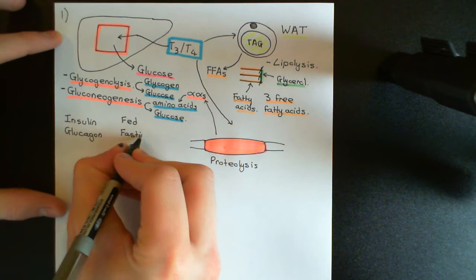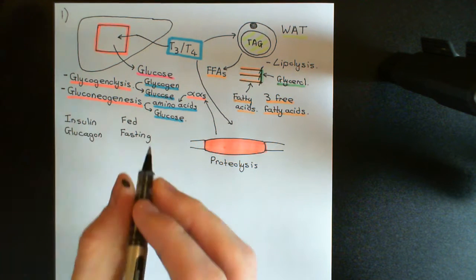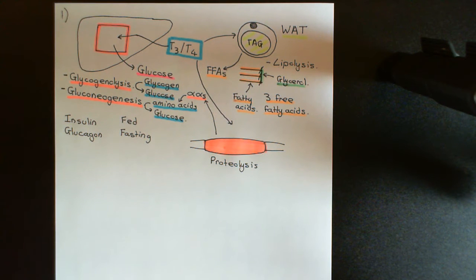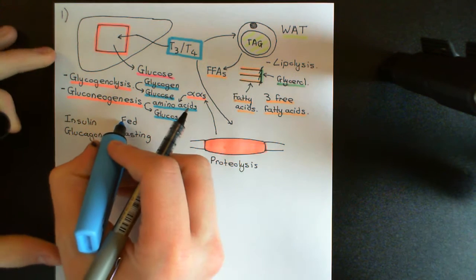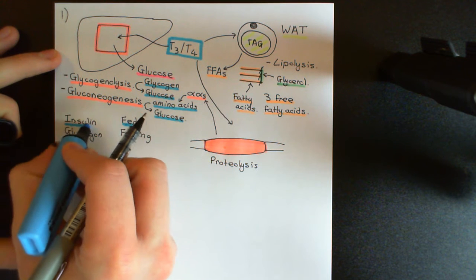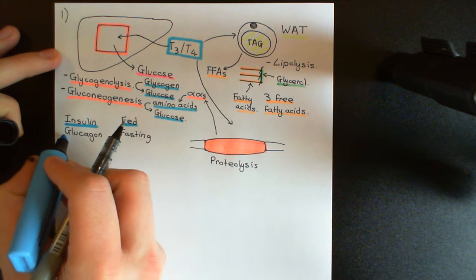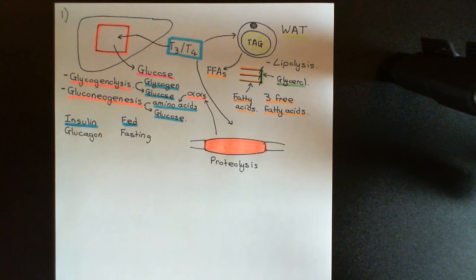Okay, so in the fed state, when you've just eaten a meal and you've got loads of glucose molecules coming into the bloodstream from the gastrointestinal tract, loads of amino acids coming in, and loads of lipid molecules coming in, insulin dominates. You have lots of insulin in the bloodstream and very little glucagon. And when insulin is high, insulin is the signal to all of the cells of the body that it's a time for a feast, okay?